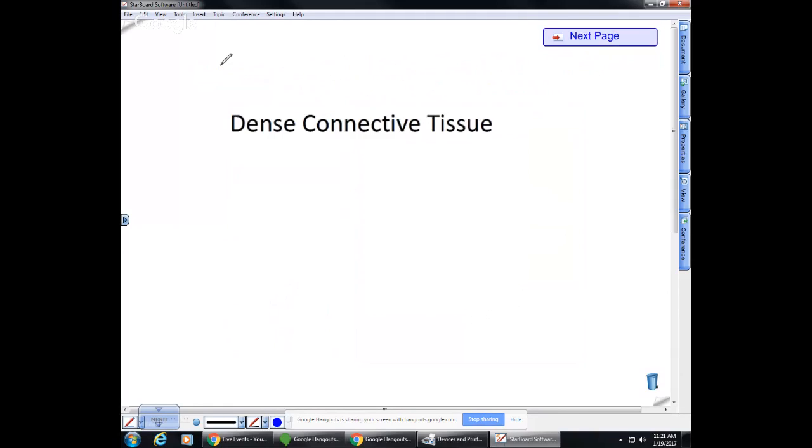Okay, dense connective tissue. So dense means that there are more fibers, right? And we have regular dense, right? So regular dense means that the fibers are running parallel to one another.